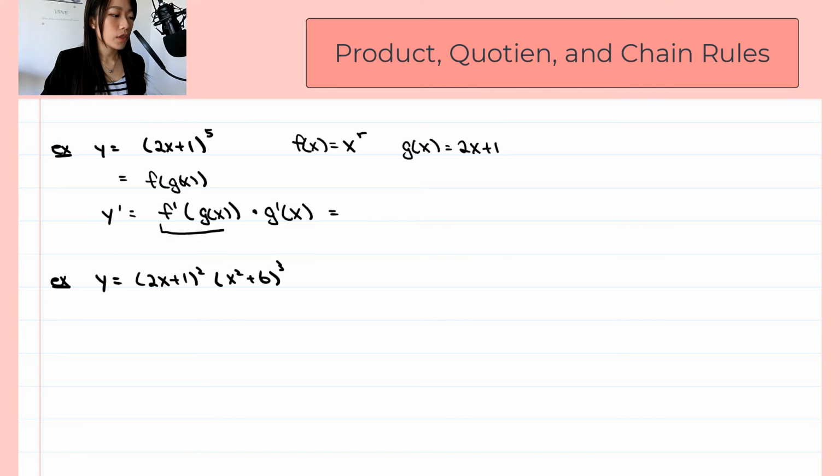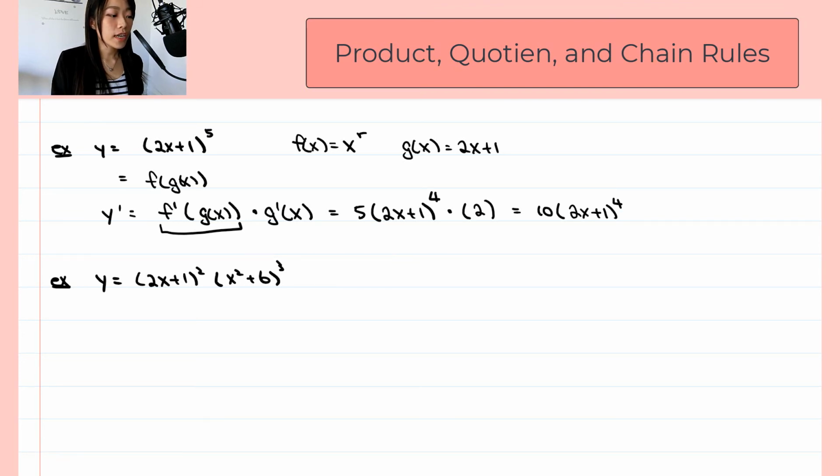The first term here, f prime, is 5 times the input g of x, which is 2x plus 1, to the power of r minus 1, which is 4. Then times the derivative of g of x, which is 2. So in summary, y prime equals 10 times 2x plus 1 to the power of 4.